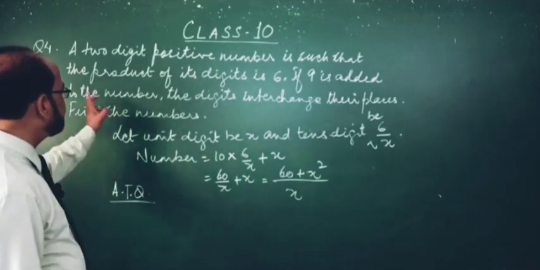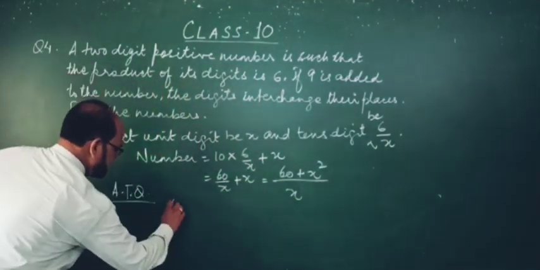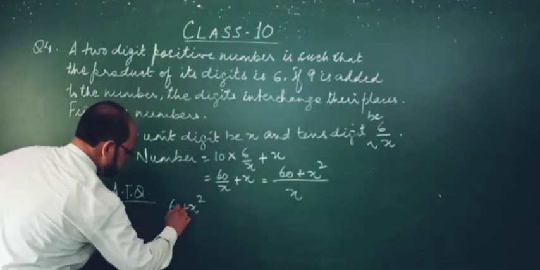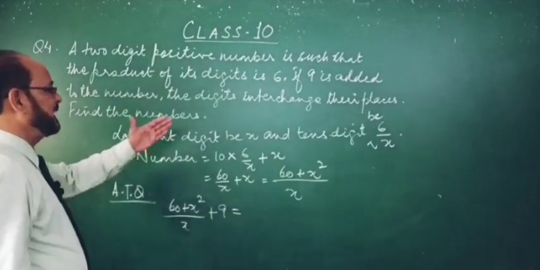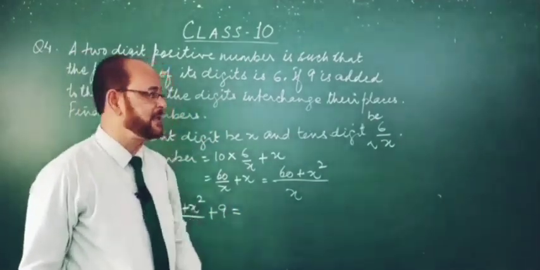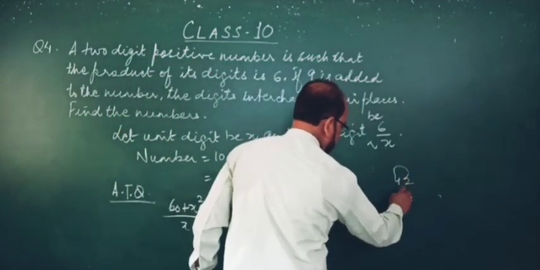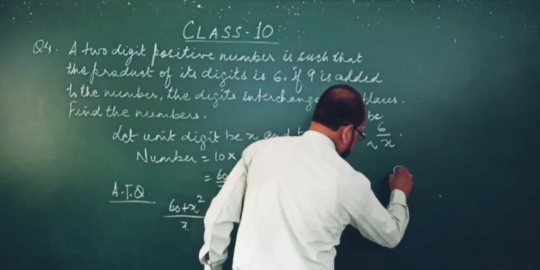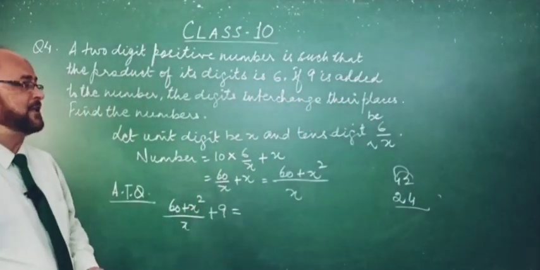If 9 is added to the number, the digits interchange their places. Interchange means if your number is 42, then the unit digit comes at tens place and 4 goes at units place, so it becomes 24.